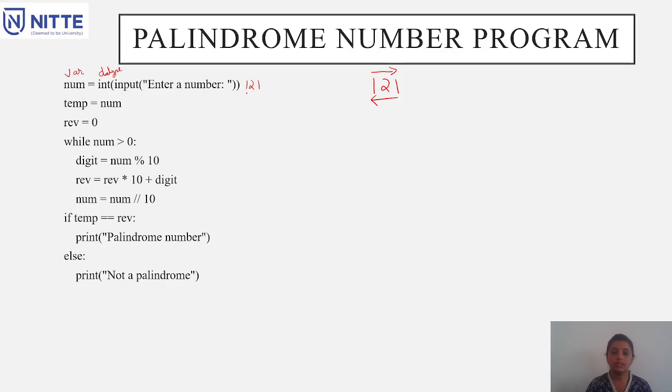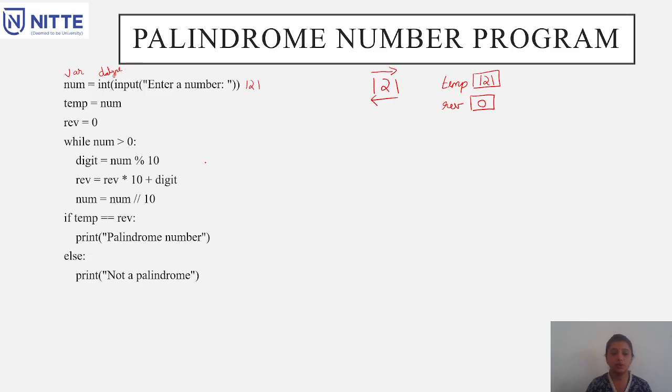Whatever number we take, I assign it to the temp variable. So temp is also 121. Now I have one more variable, initialized to 0, called reverse.